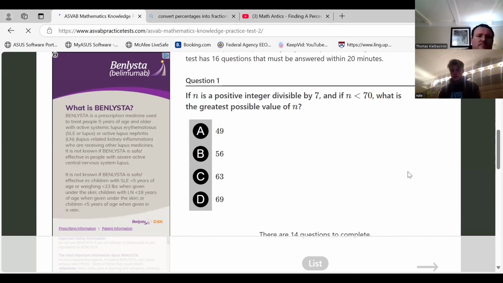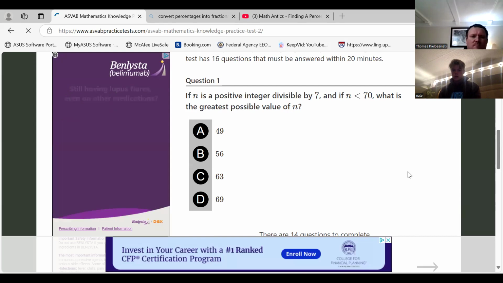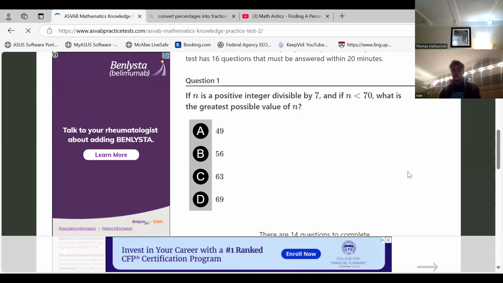It is a positive integer. And if n is less than 70, what is the greatest possible value of n? It's a positive number? It's a positive number, yes. And it's less than 70.